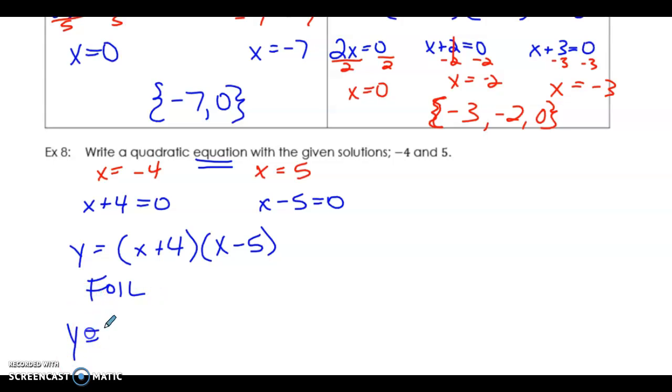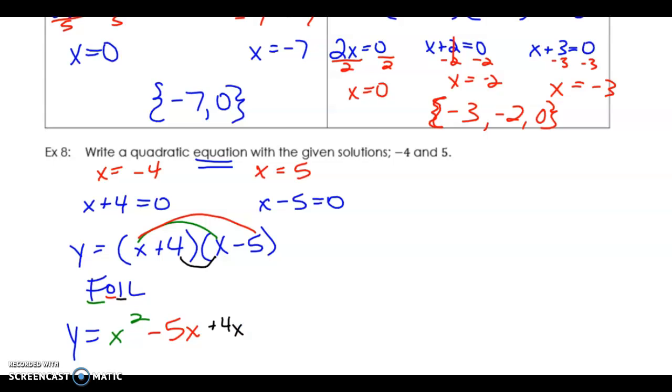So we're going to go first. Let's see, I'll do it in colors here. First, so x squared. Then we've got outside, x times -5. Don't forget the negative there. Minus 5x. And then we go to inside, plus 4x.